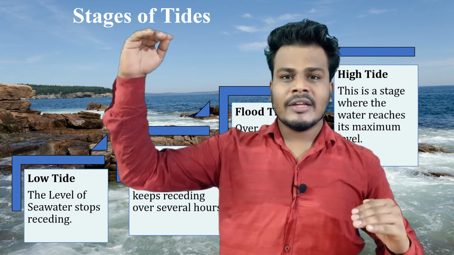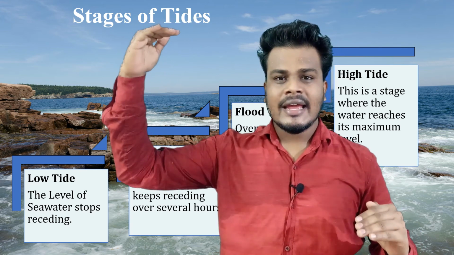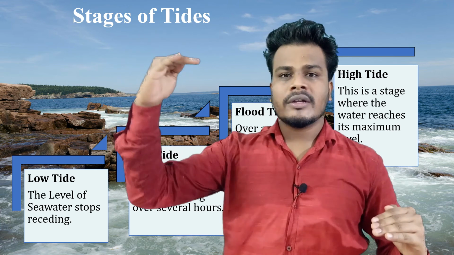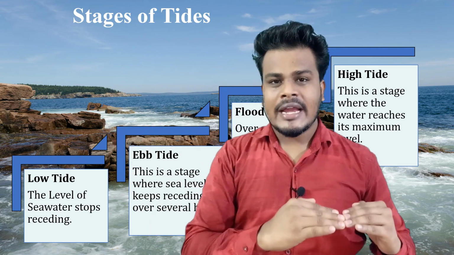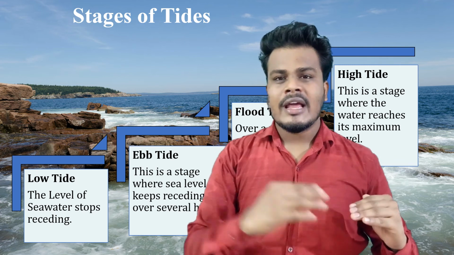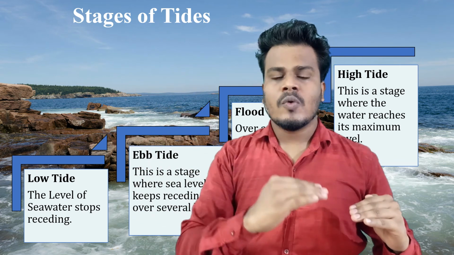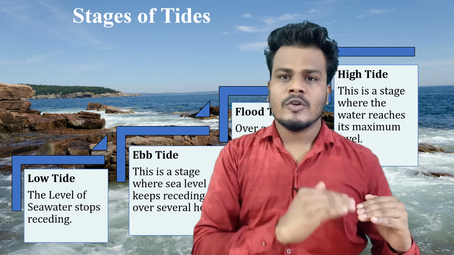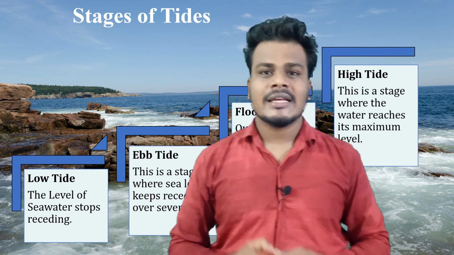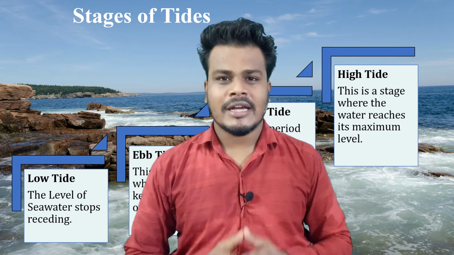Similarly, the time difference between the high tide and the low tide, where the water level is decreasing, is known as ebb tide or ebb current, where after several hours the water level will stop receding and will reach its lowest height.